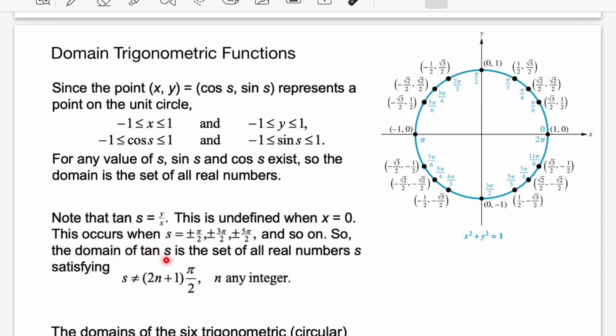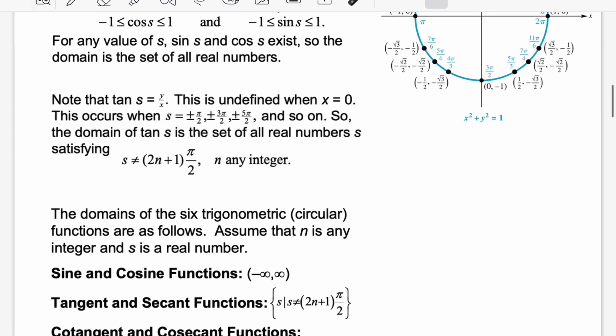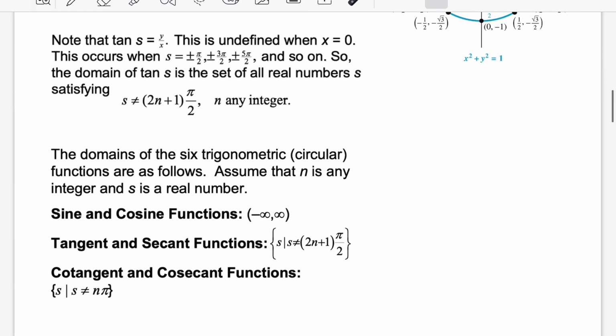So the domain of tangent s is the set of all real numbers s which satisfy this for any integer n: as long as s is not equal to some (2n plus 1) multiple of pi over 2. This tells us the domain of our secant function as well. For our cotangent and cosecant functions, we'll have this: s is not equal to some multiple of pi.